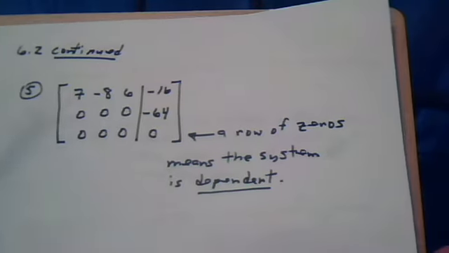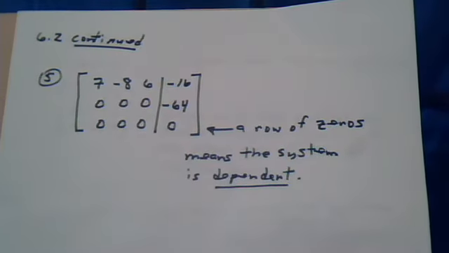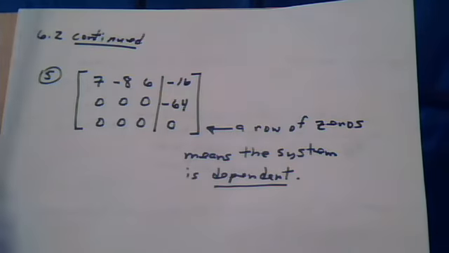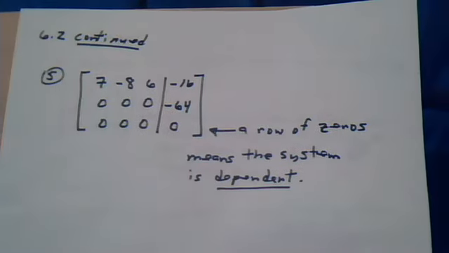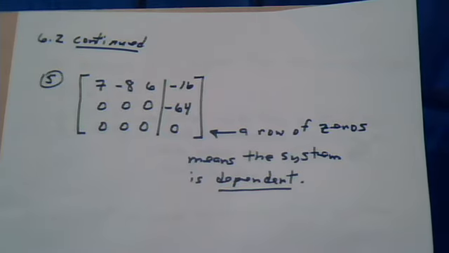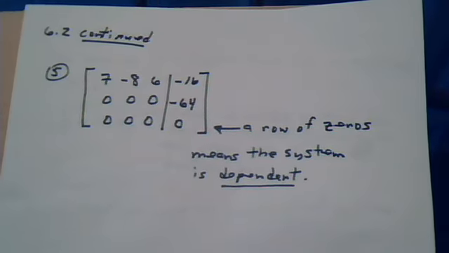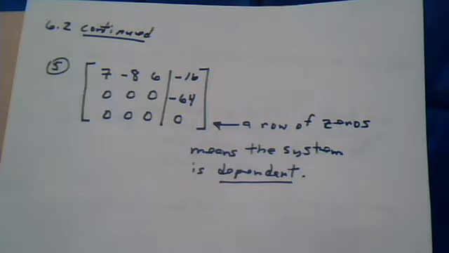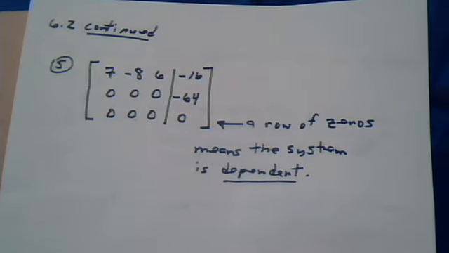Now, when you get this look, when you get a row of zeros, this is the conclusion. A row of zeros means the system is dependent. What does it mean for a system to be dependent? That means that we really had 2 different equations, not 3 different ones. These 2 were just multiples of each other.